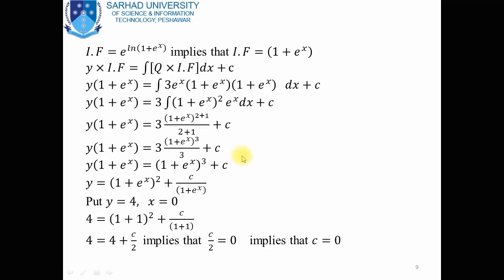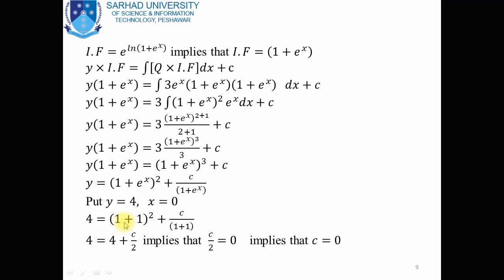Now putting the value x is equal to 0 and y is equal to 4, which is given with the differential equation, we obtain 4 is equal to (1 + 1) squared, since x is 0 and e^0 is 1, plus c divided by 1 + 1.